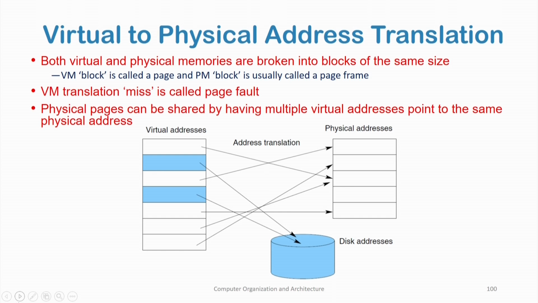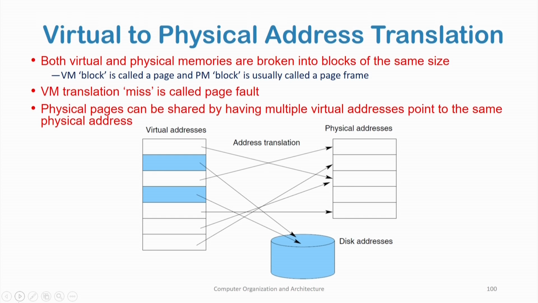Now, when I am trying to do this mapping, I see that the corresponding page is not there in physical memory currently. That has to be brought from secondary memory or disk. This constitutes a page fault.